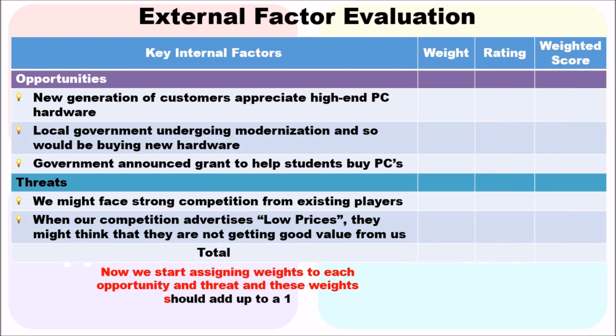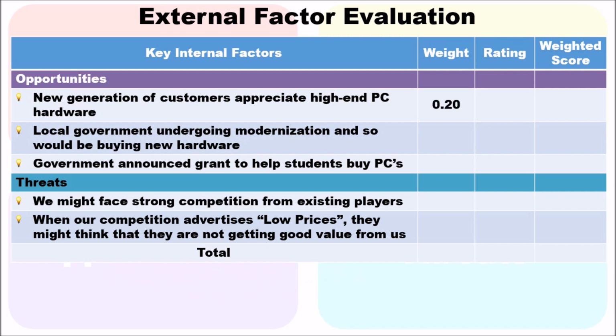First we'll start assigning weights to each of the opportunities and threats, and like I said before, they should add up to 1. The weights and ratings that we're going to be assigning are basically what you feel, your gut feeling, what you have learned through experience working for the company that you are in, and for the industry in which you are in.